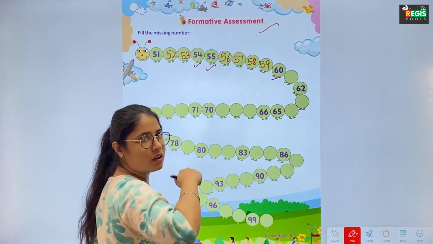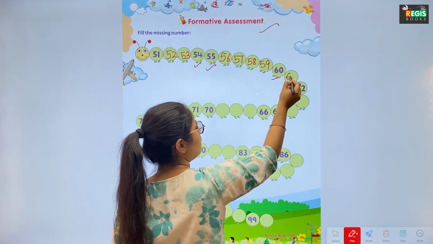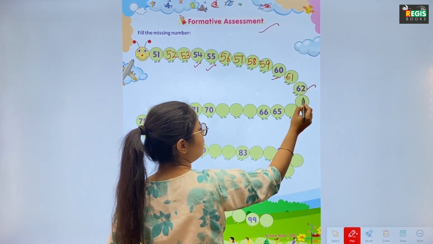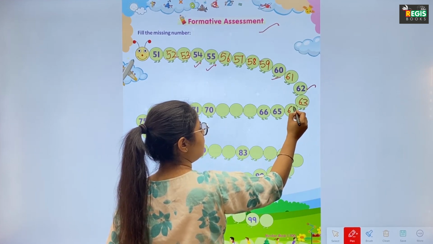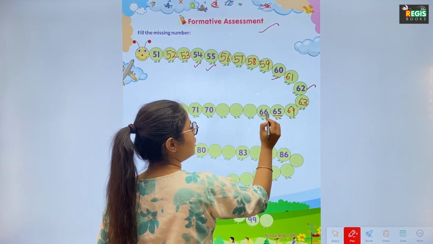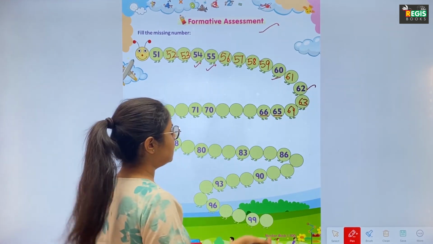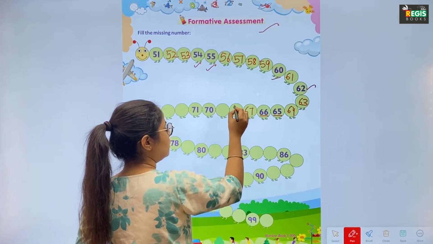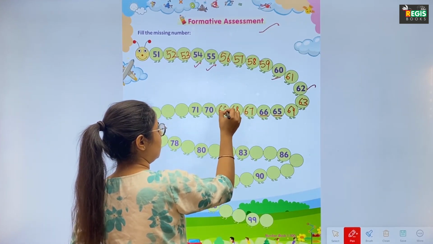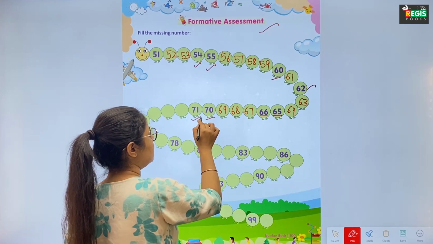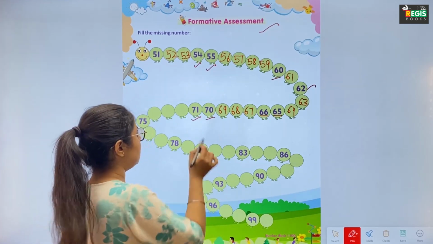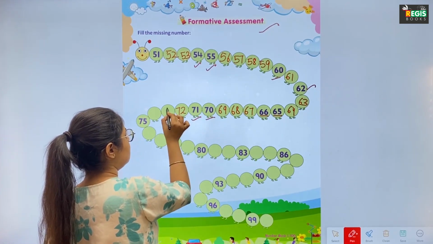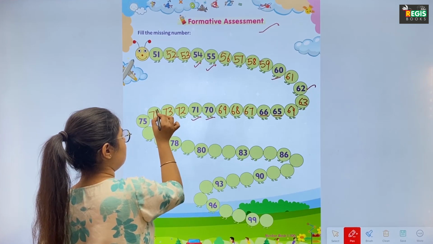60. After 60 it is 61, then 62, 63, 64, then 65, 66. After 66 is 67, 68, 69, then 70, 71. After 71 it is 72, 73, 74.